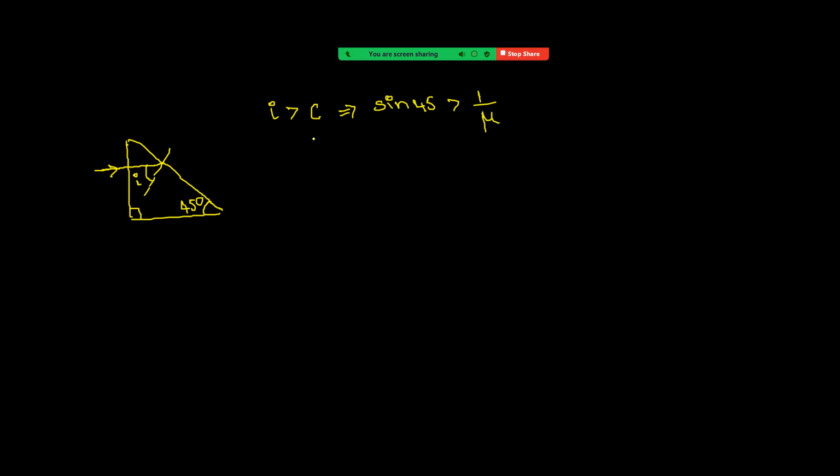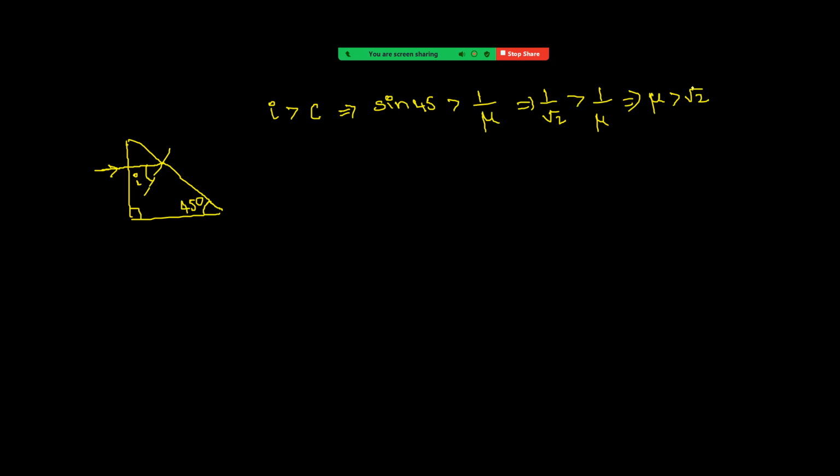So what we are focusing on is, if the angle of incidence is greater than the critical angle, then those colors will undergo total internal reflection. So taking sine 45 greater than sine C, sine 45 is 1 by root 2. So that implies 1 by root 2 is greater than 1 by mu. From this we can say mu should be greater than root 2 to have total internal reflection.